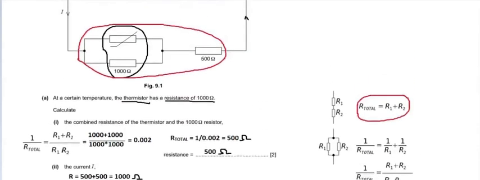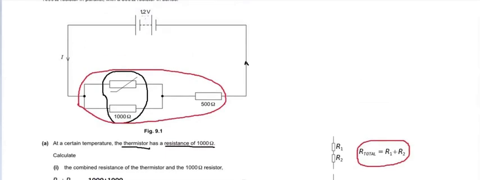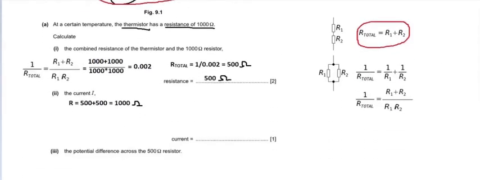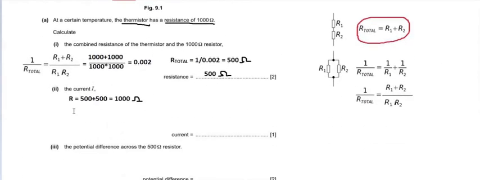Now we can simply use Ohm's law, because we know the power supply voltage, that is 12 volt. We know this entire combination is 1000 ohm. So V is equal to IR, and here it gives I is equal to V divided by R, and the power supply is 12 volt divided by this 1000 ohm entire combination.